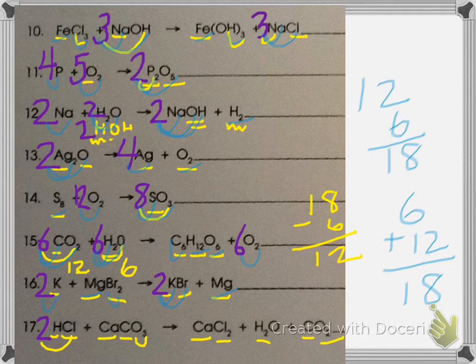I have 2 here plus 1 here makes 3. So I think this is balanced, and a 2 as the only coefficient is definitely the lowest whole number ratio.